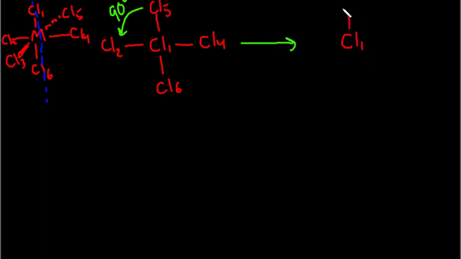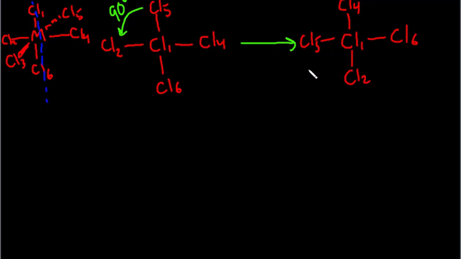But the only thing changing here is the arrangement of these chlorines. So chlorine 4 would go on top, and then Cl5, Cl2, and Cl6. Now, although the specific chlorines moved, the overall molecule looks the same. And this right here is a symmetry operation.